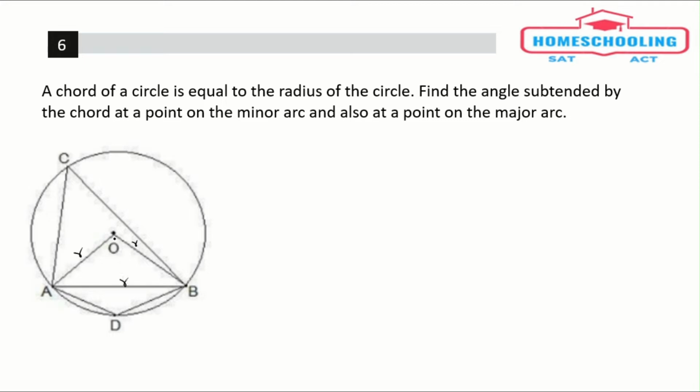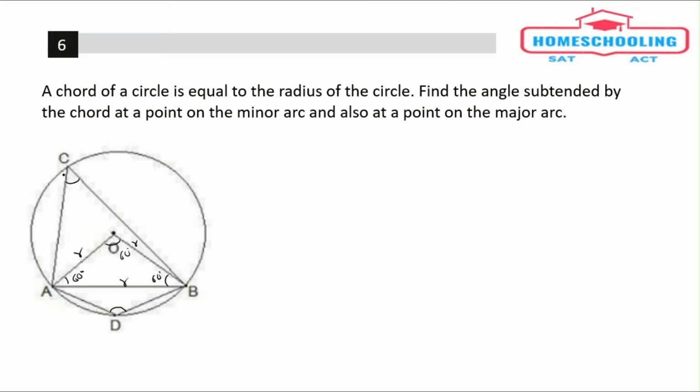So this is an equilateral triangle, and in an equilateral triangle all the angles would be 60, 60, 60. Find the angle subtended by the chord at a point on the minor arc. This is the minor arc, and we also have to find the angle at the major arc. So we have to find angle D and angle C.